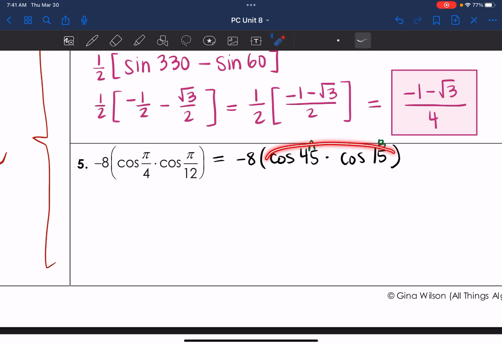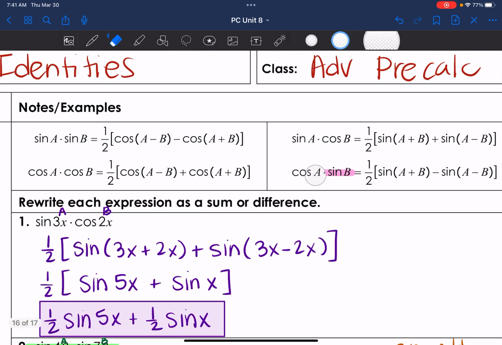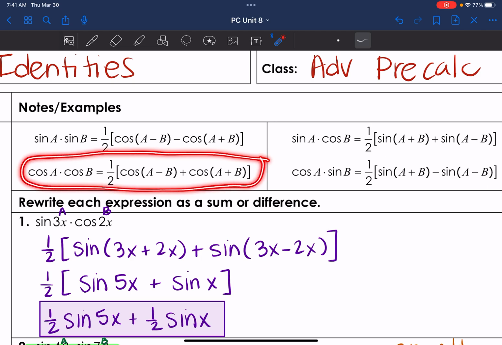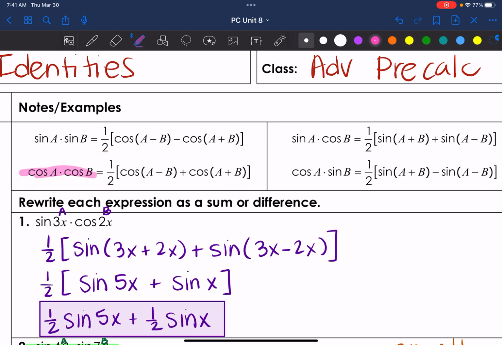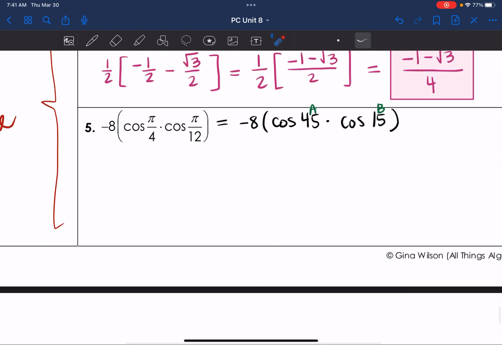We just got to go and find the pattern for cosine times cosine. So up here on the top, cosine times cosine is this one here. We're going to use this one. So it starts with 1/2 of cosine and subtracting those angles. Okay, so here's the thing with this one.